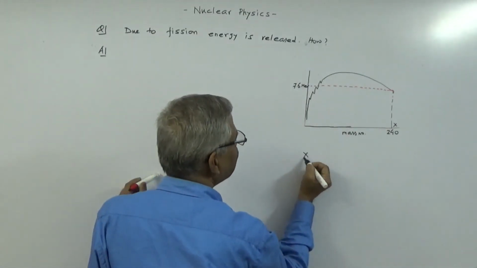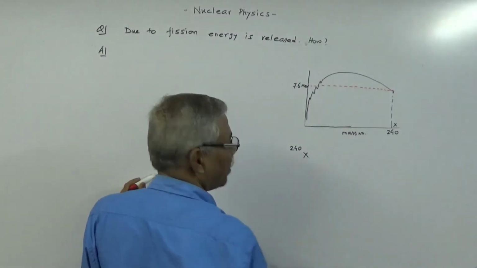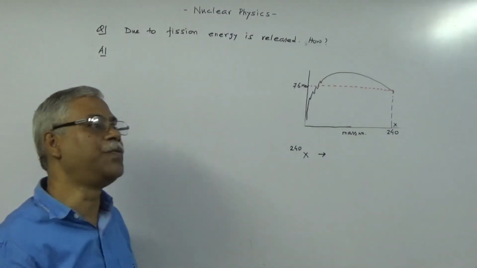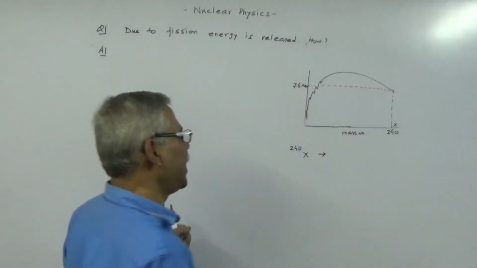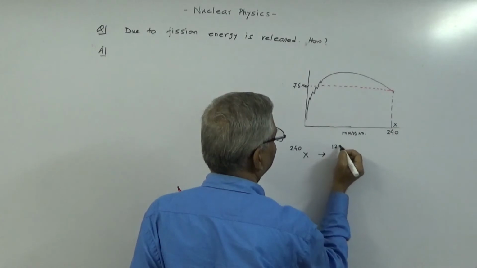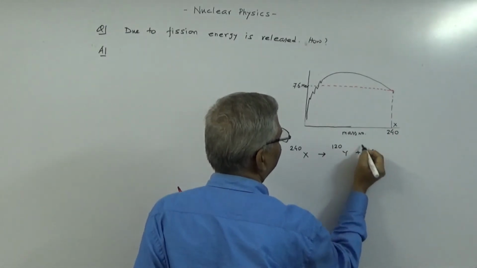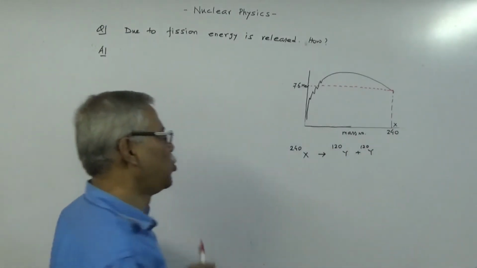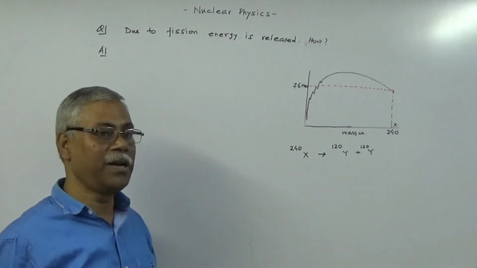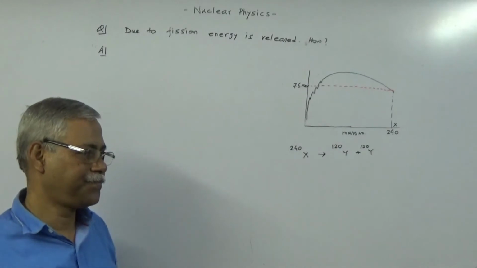So this AX240 undergoes fission and produces two atoms of Y120 and Y120.